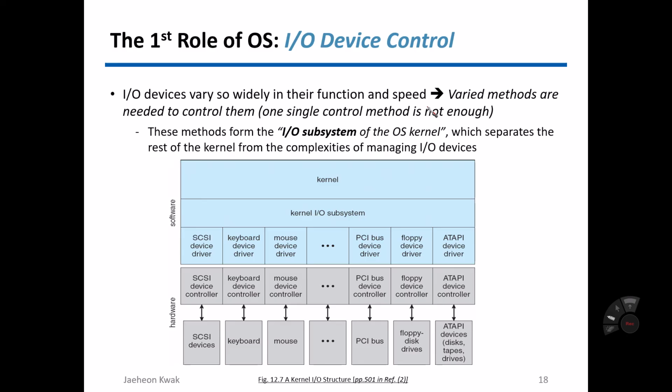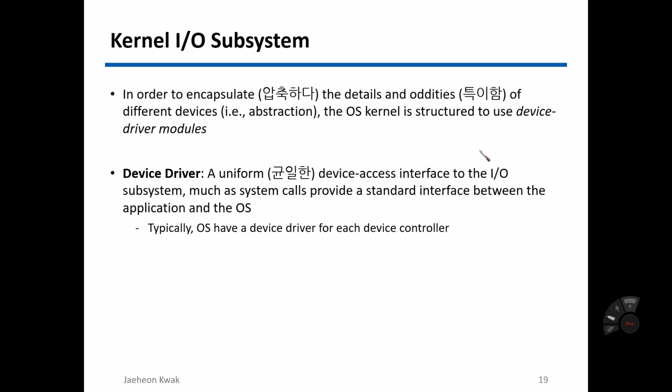We have many I/O devices, and their functions and speeds vary a lot, so we cannot have one single control method to cover all the I/O devices. This method forms the I/O subsystem of the OS kernel, which separates the rest of the kernel from I/O device management.